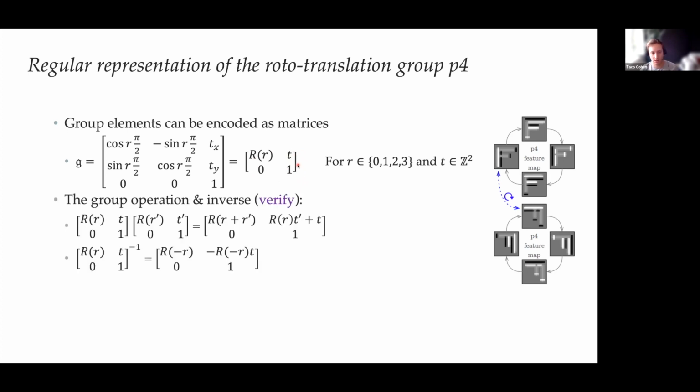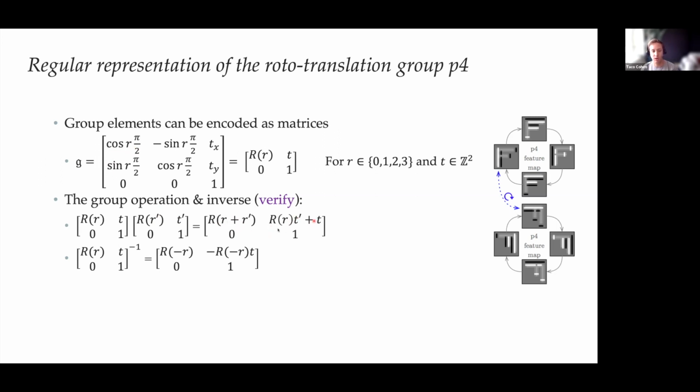Now, in the definition of the regular representation, we have two kinds of operations that play a role. The first is the group operation. For this encoding of the group elements, it's just matrix multiplication, and you can do the linear algebra here and work with some rules for the sine and cosine. You can verify that when you compose these matrices, you get this matrix. So the rotation angles add up modulo 4 because they get wrapped in the sinusoids.